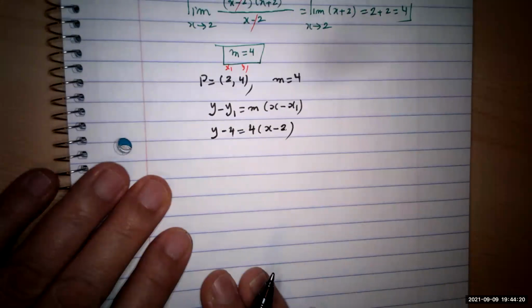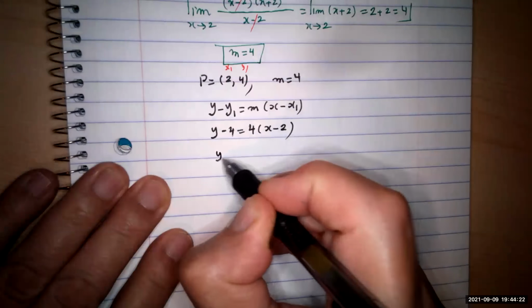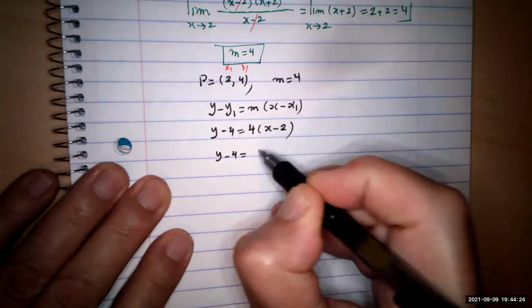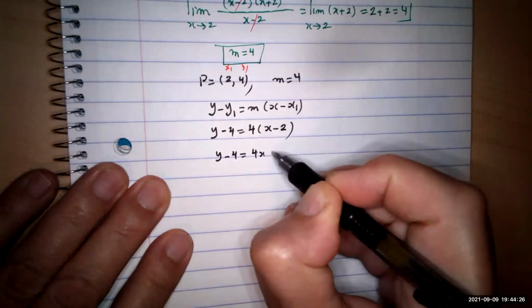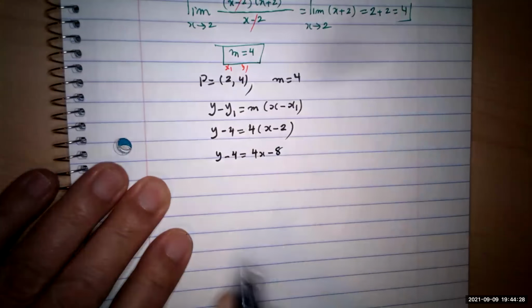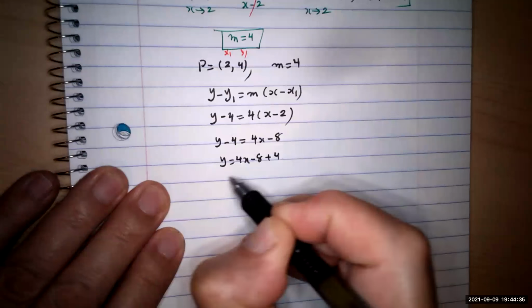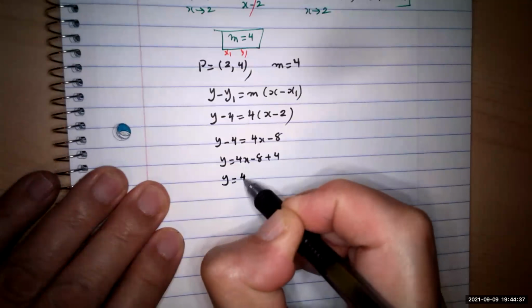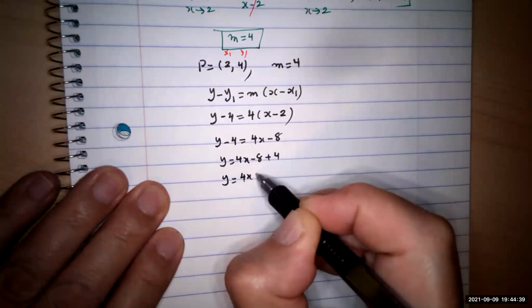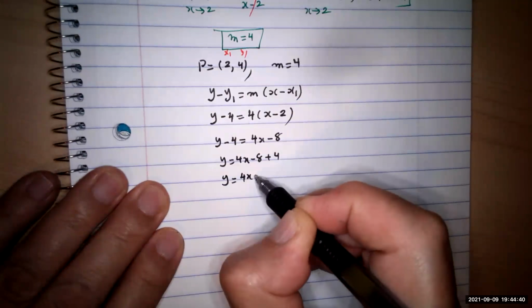You have to simplify it, of course. So that gives you y minus 4. You distribute: 4x minus 8. You add the 4. So y would be 4x minus 8 plus 4, so y would be 4x minus 4. This is going to be the result. This is the equation of the tangent line.